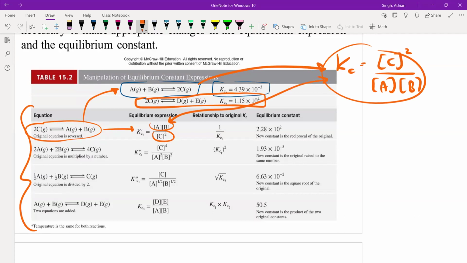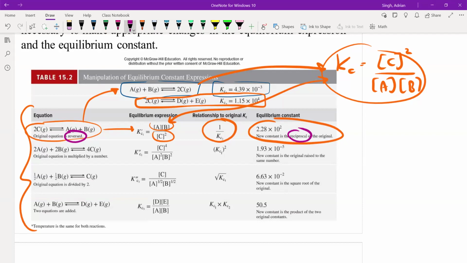So as a result, the value for the Kc is also the reciprocal or the inverse of the original. So when you reverse an equilibrium expression, what you do is you take the reciprocal of the Kc value. Okay, that's the first thing.